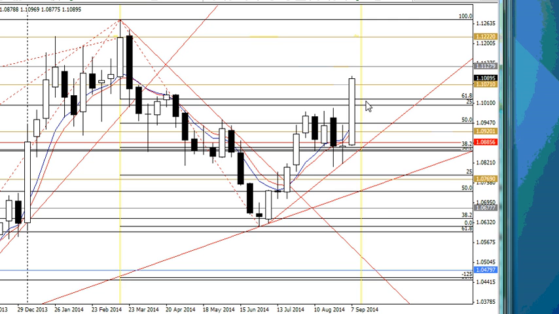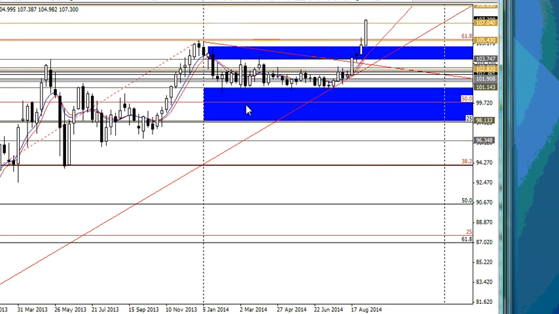We've touched and closed above the 618 retracement, and we've made our way to this GAN level of 110.71. We've got to close above it, which is bullish. And also remember, we did talk last week that we were probably going to see something like that because we retraced our way right into this trend line. Just like the yen had all that long consolidation and support that just would not let go.